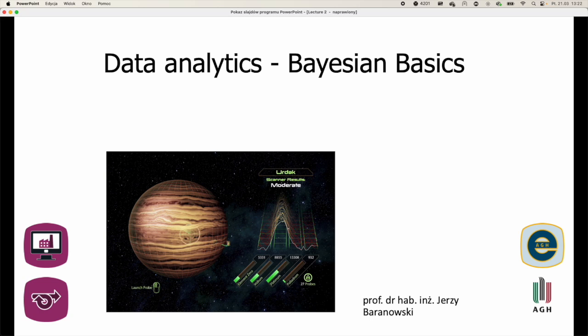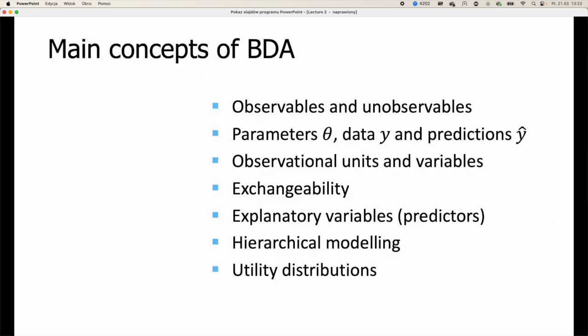So today we will cover the basics of Bayesian statistics. We'll give a few examples that try to explain what the idea of Bayesian thinking is based on. The main concept of Bayesian data analysis is a split between observables, the quantities that we can actually observe, and unobservables, the parameters of the actual process that is generating our data.